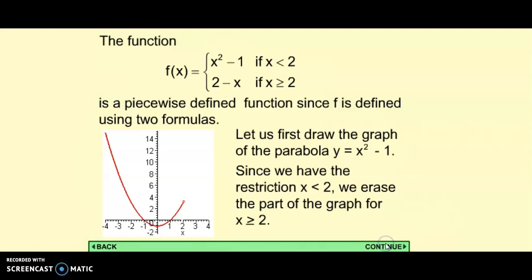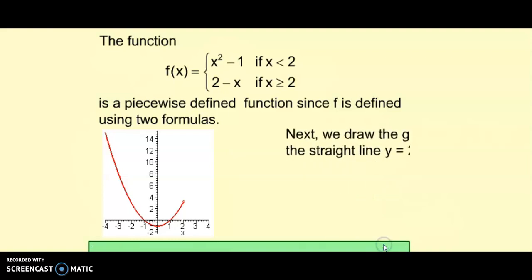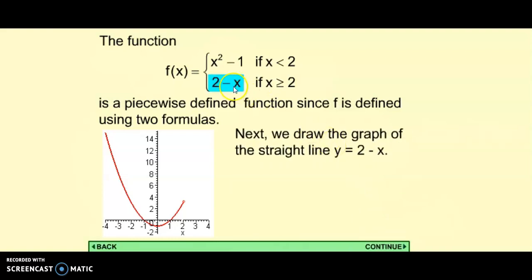Now let's draw the graph of another function, that is 2 minus x. Since 2 minus x is a linear function, its graph will always be a straight line. Here is the graph of 2 minus x, but we are given with a condition.